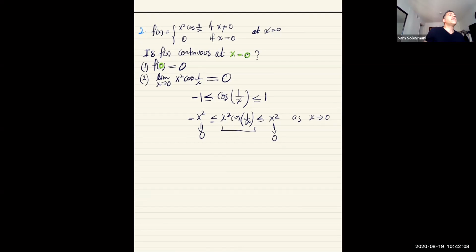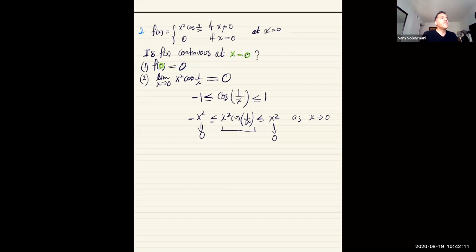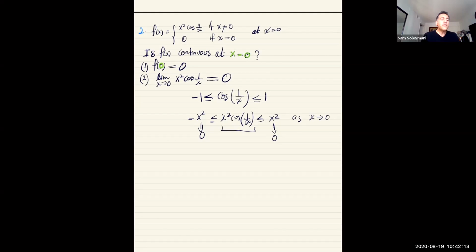Now, to answer the question, is the function differentiable? So far we determined that the function is actually continuous. It's continuous because f of 0 exists, the limit is 0 and it exists, and these two are the same. So f of 0 is the same as the limit as x goes to 0 of f of x. That is the third part of the requirement.